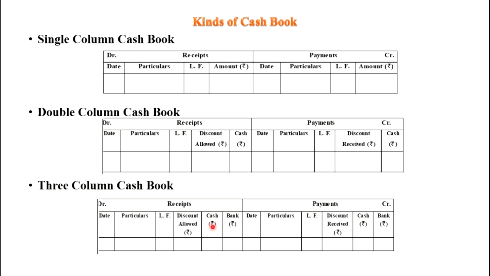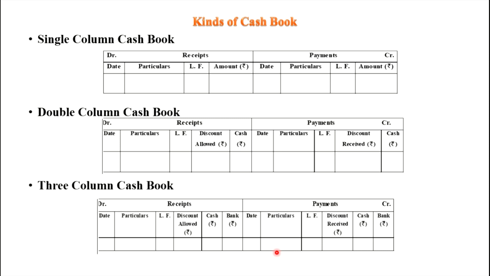Then in withdrawal of cash from bank for office use, the cash column is debited with the amount to bank account, and the bank column is credited with the amount by cash account.